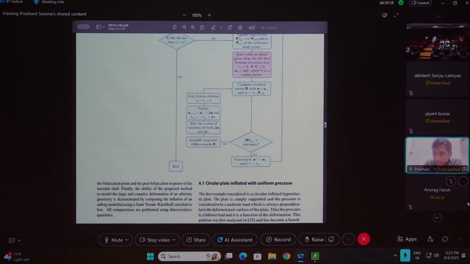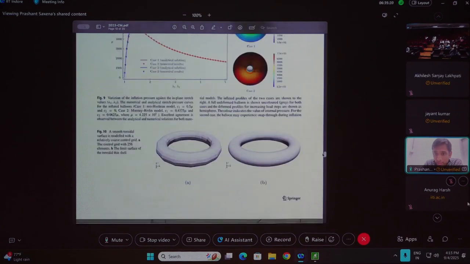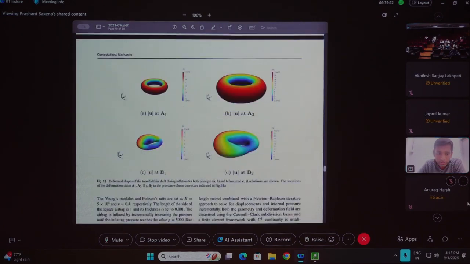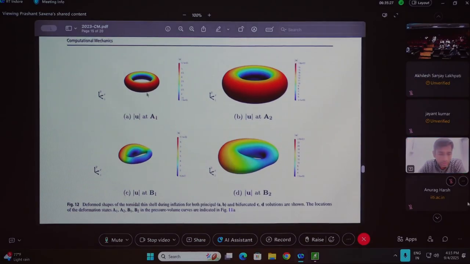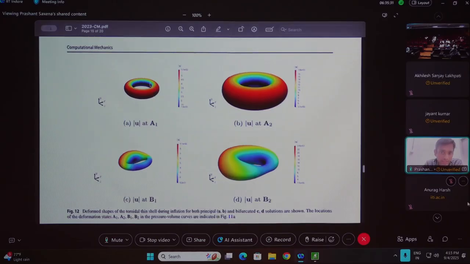If you do that correctly, this is how I obtained these solutions, which I showed you earlier. I start with this inflated membrane. In this case, it's a shell model now. It's no longer a membrane. It's the same physical system, but earlier we were modeling it like a membrane. Now we are modeling it like a shell.